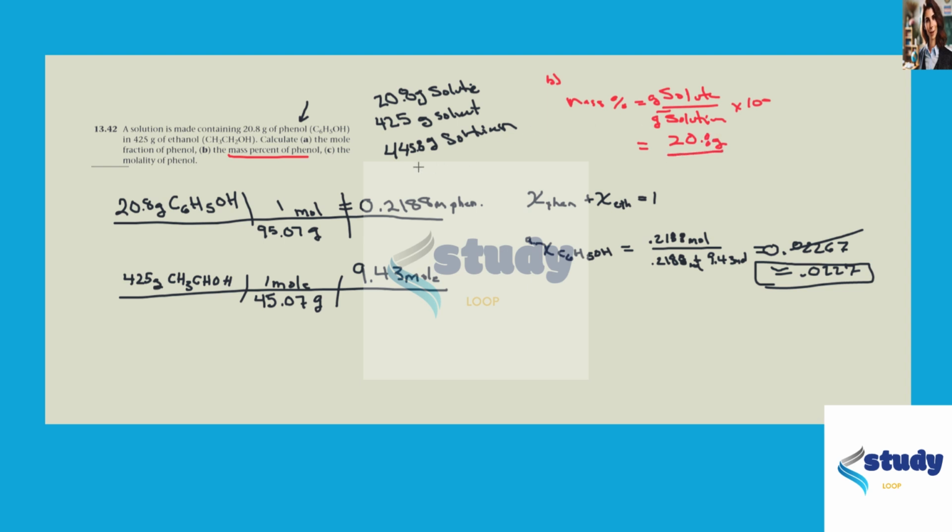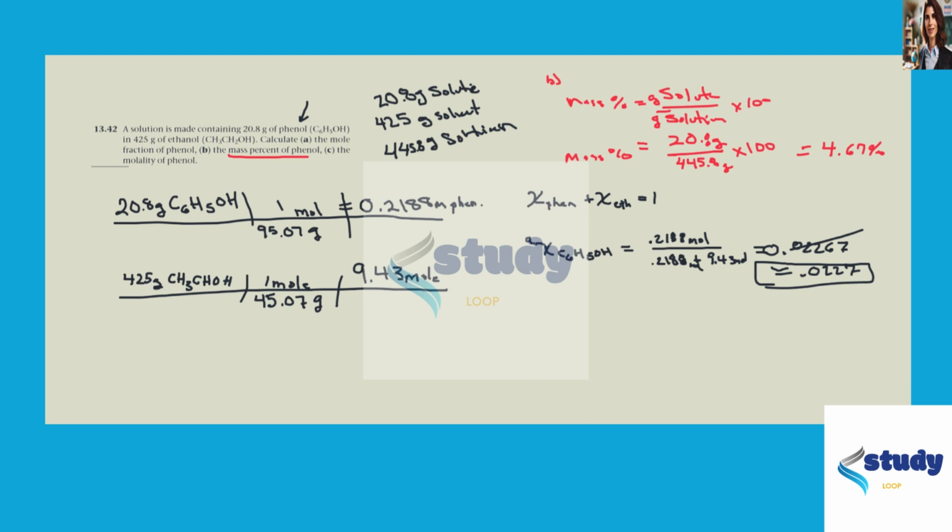And then our grams of solution is 445.8. And we times that all by 100. And that will give us the mass percentage. So let's put that in our calculator. 20.8, we're going to divide that by 445.8. Remember to times it by 100. And you find that we have 4.67 mass percent.